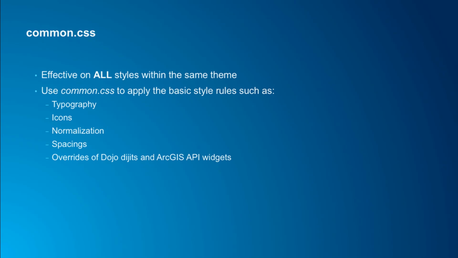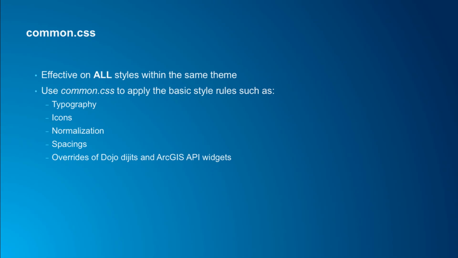But if you open the Launchpad theme, you can see those UI elements have been restyled. And if you open that common.css file, you can see a huge file with all the CSS rules that are overwriting basically everything from Dojo and the ArcGIS API.